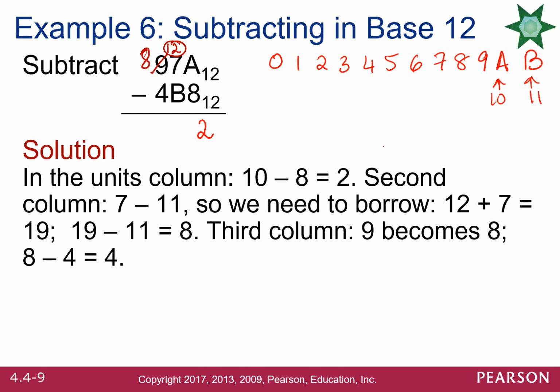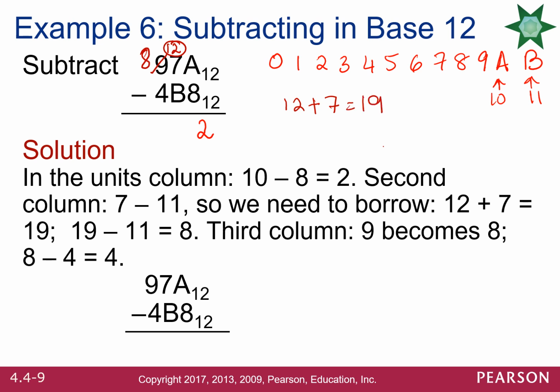So we have to add this 12 to the 7. 12 plus 7 equals 19. So 19 minus B is what we are going to do. What is B? B is 11, right? So 19 minus 11 is going to be an 8, correct?